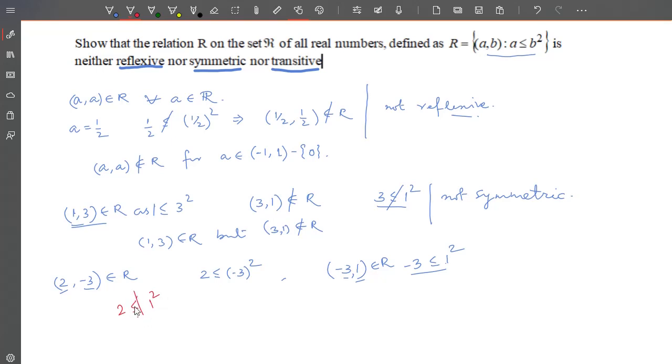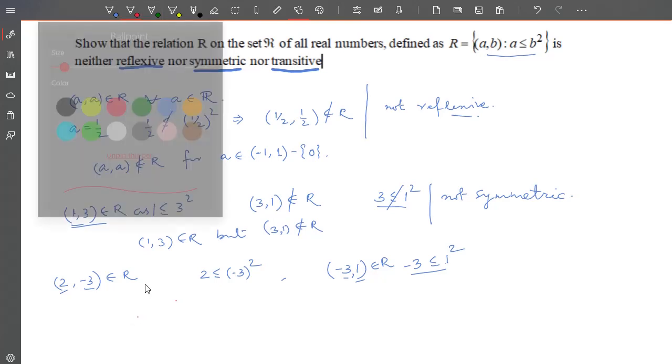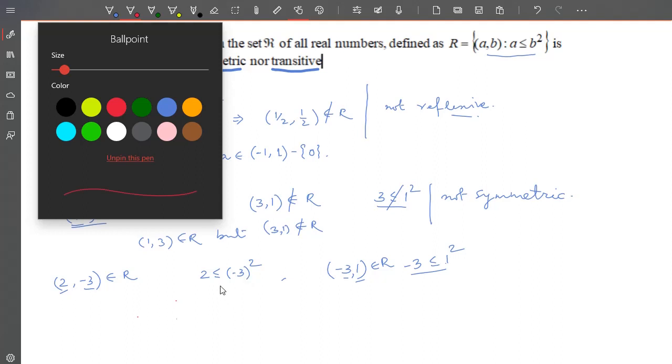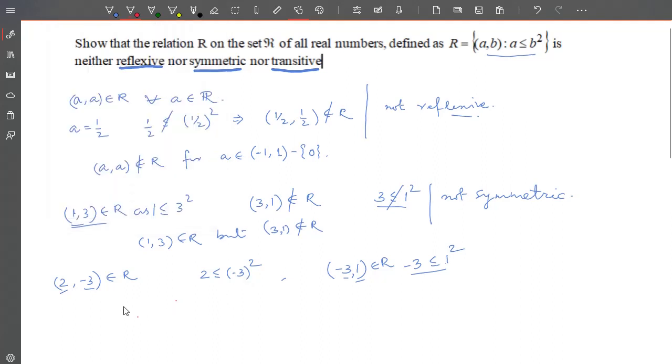No. Let us write 2 less than or equal to 1 square.